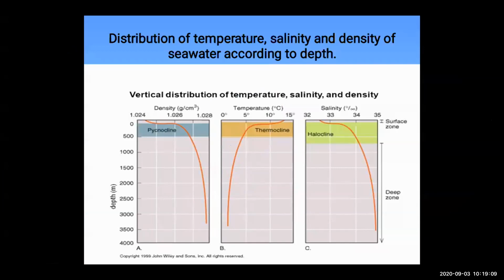When we combine all the distribution, what we get at last is that after 2000 meter in depth, there is no change. It is constant, whether it is density, temperature, or salinity. It is the same.